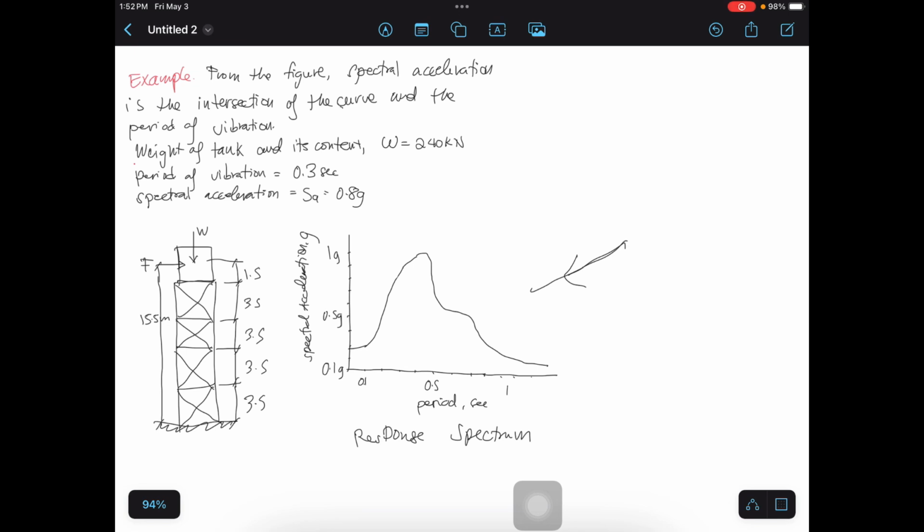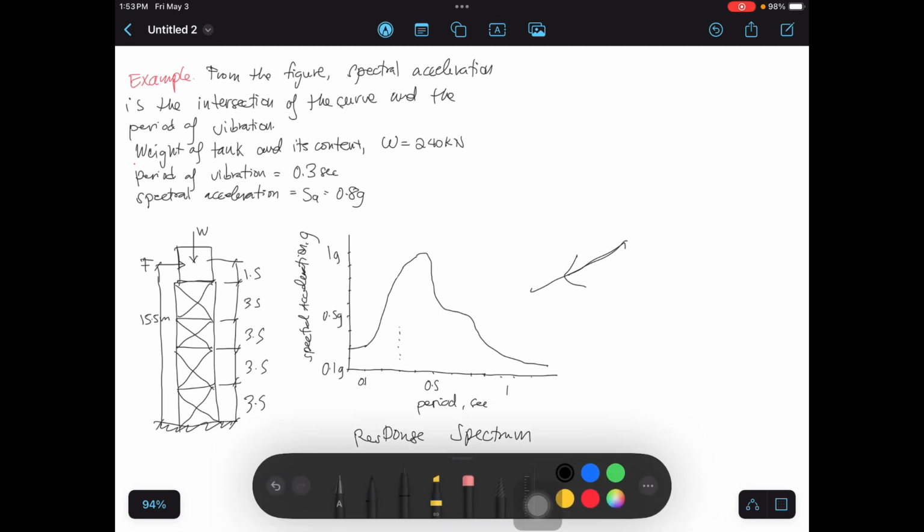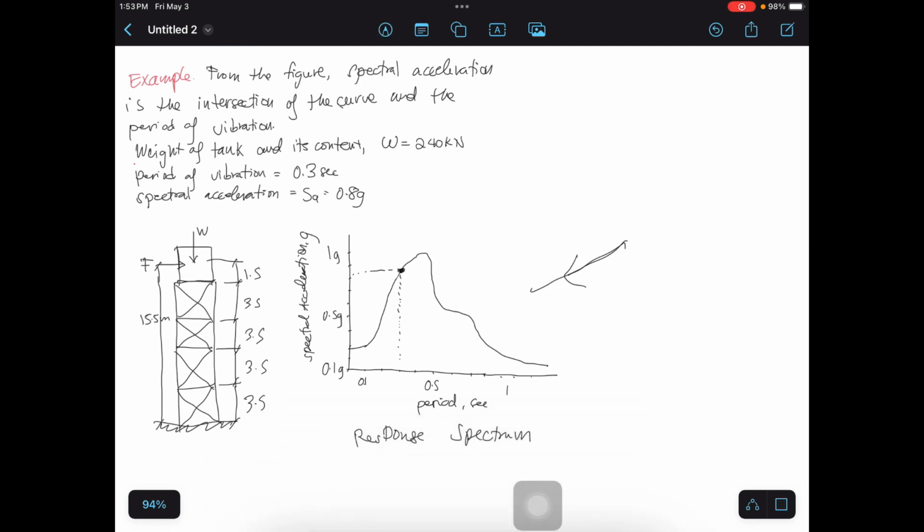Then, meron tayong spectral acceleration at point G. So, kung i-graph natin yon dito sa response spectrum na graph, yung period na 0.3 dito sa ilalim, from the x-axis is the period, and then versus yung spectral acceleration na 0.8, kung i-graph mo siya, so makukuha natin yung corresponding shear.